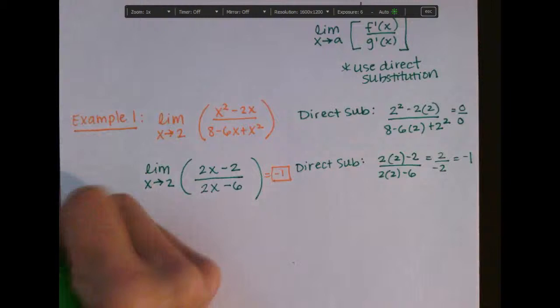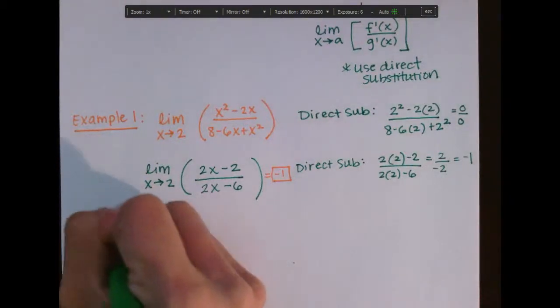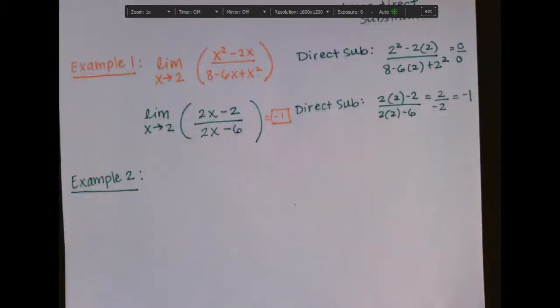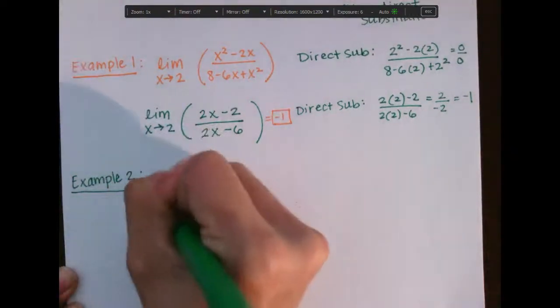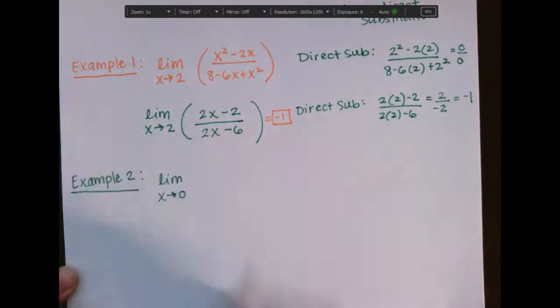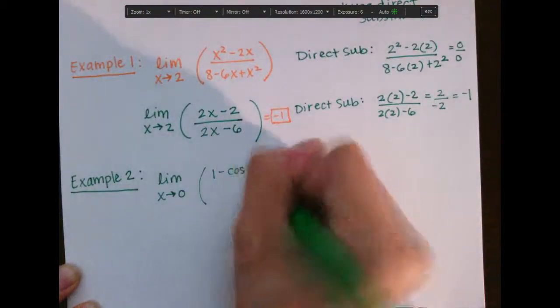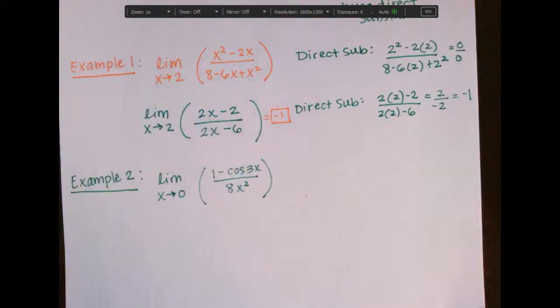Let's look at another example. In this example, we'll calculate the limit as x approaches 0 of 1 minus the cosine of 3x over 8x squared.